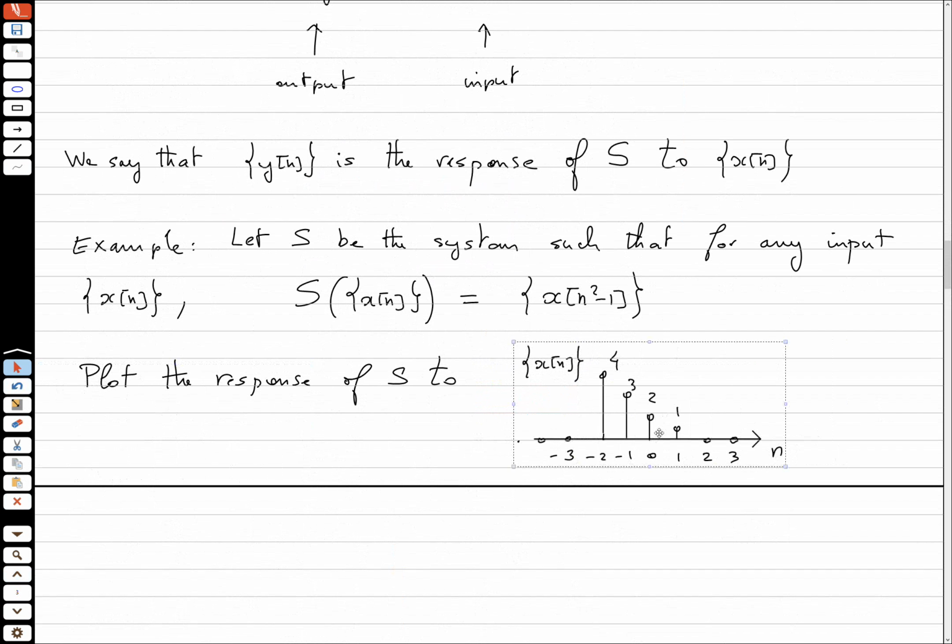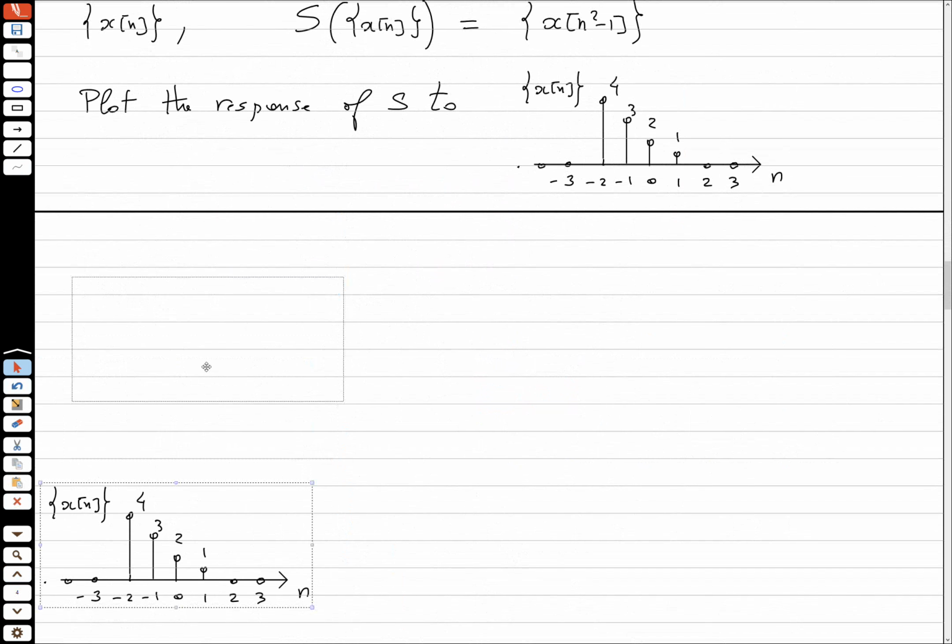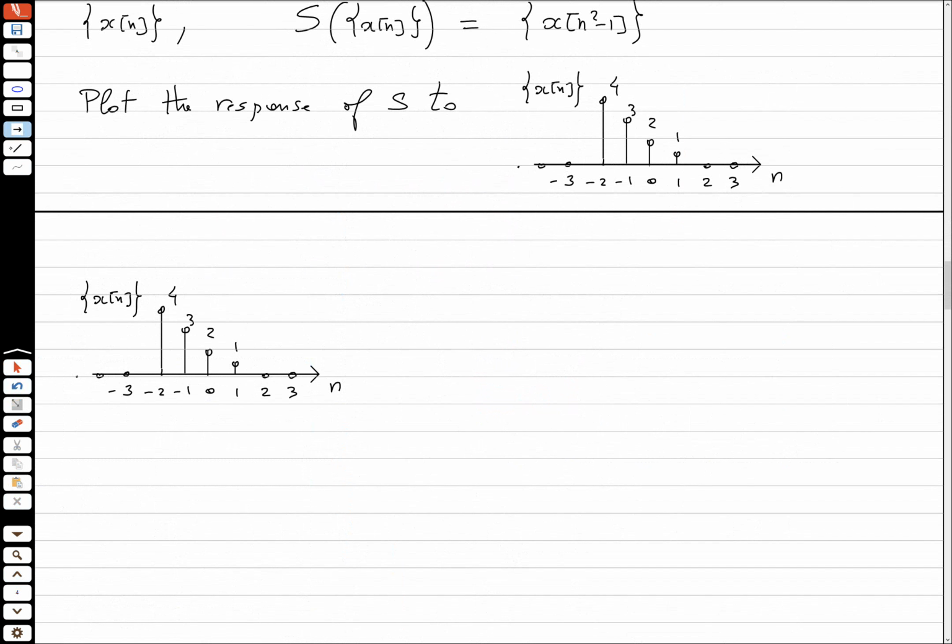All right, so you input this into the system, and you know that the output y of n is going to be x of n squared minus 1.